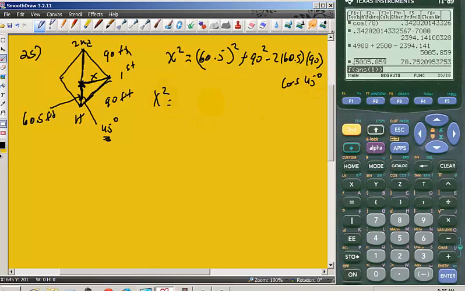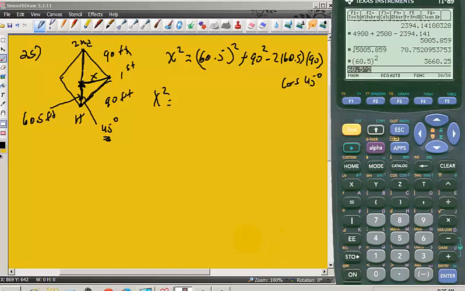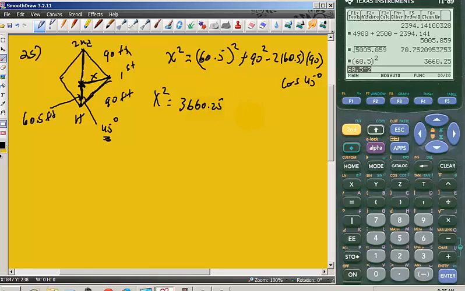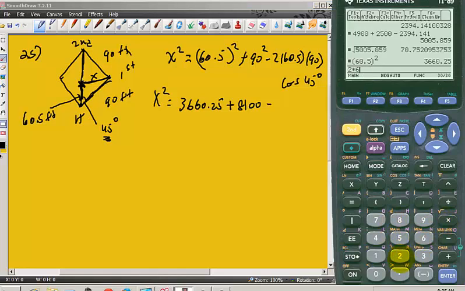So my x squared is equal to, okay, 60.5, square that, and that is going to give me 3660.25. 90 squared is going to give me 81 and 2 zeros, and then I have a minus 2 times 60.5 times 90 times cosine of 45 degrees.